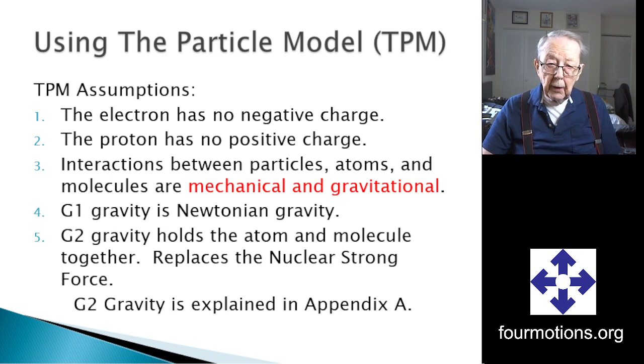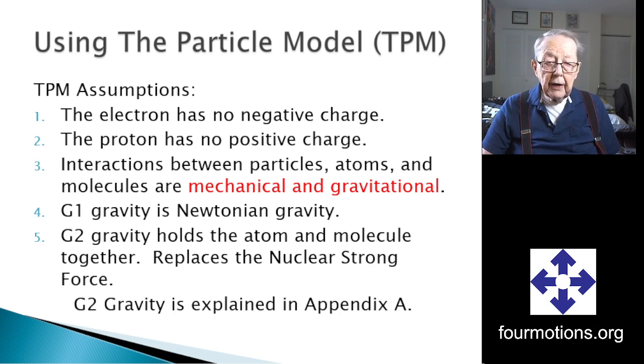Interaction between particles, atoms and molecules is strictly mechanical and gravitational. And we actually have two gravities, and we'll go into that a bit later. But gravity 1, G1, is Newtonian gravity, which we all know and feel every day.